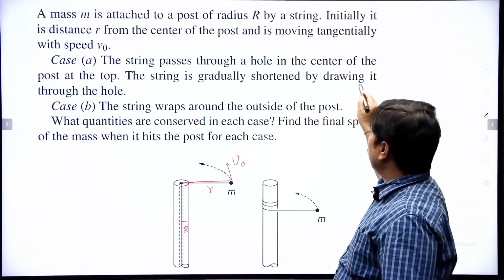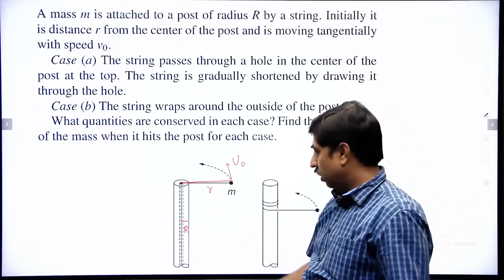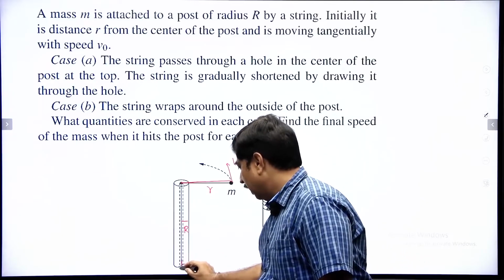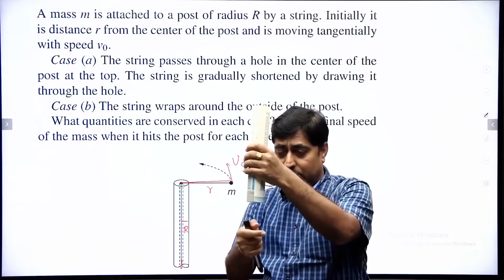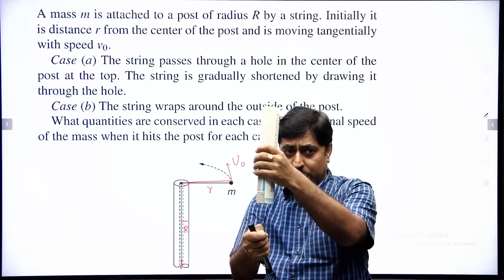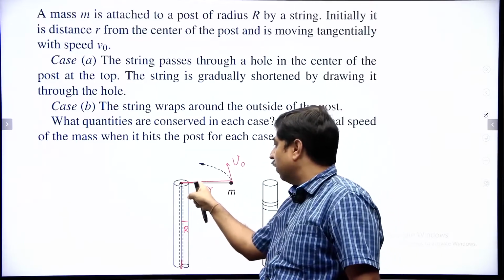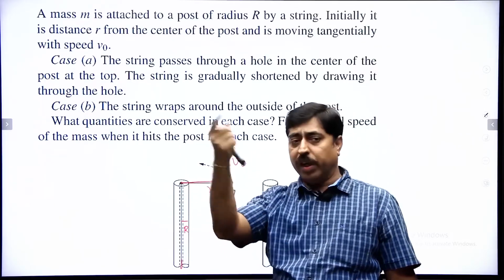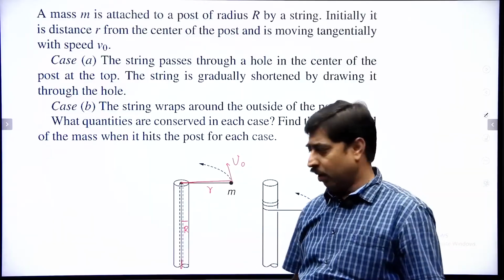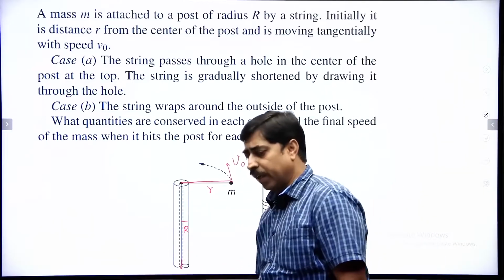The string is gradually shortened by drawing it through the hole. Now this string is passing here. If somebody goes and just pulls the string gradually, the string will get smaller in length. So this mass is initially rotating with some initial speed v naught, and you start pulling this string down.